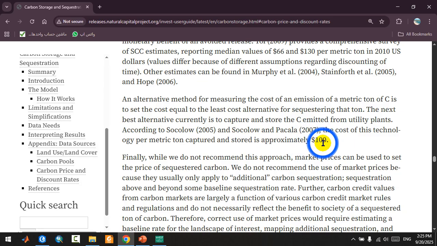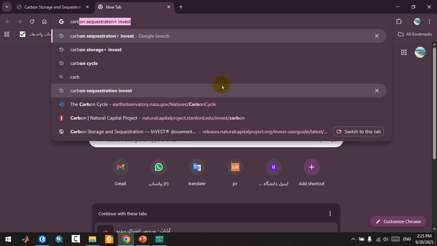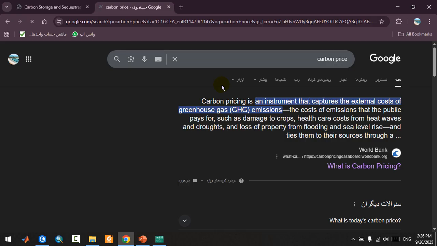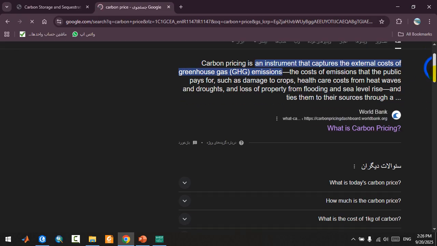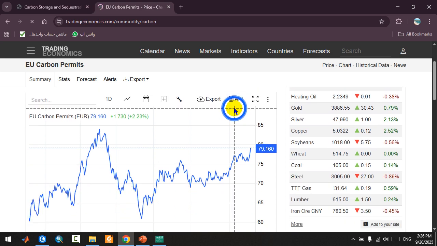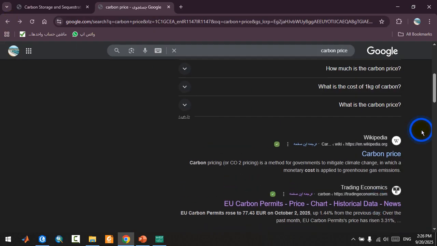Okay, I think this day in the 2025 years the carbon price, I think, is $342, I think, about this European carbon permit. Okay, so for euro, no, for dollars.